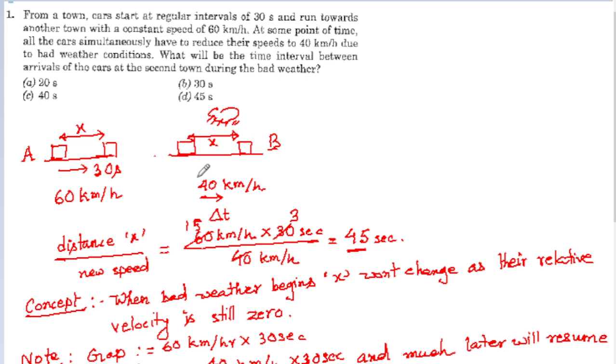Therefore we can conclude from our question that the time gap to reach town B just after the bad weather starts is 45 second, and after a long time later, it should be 30 second.